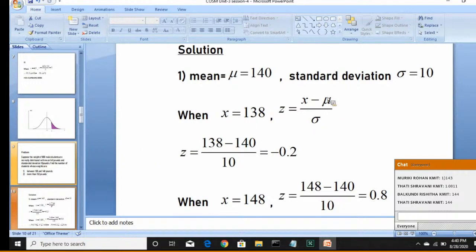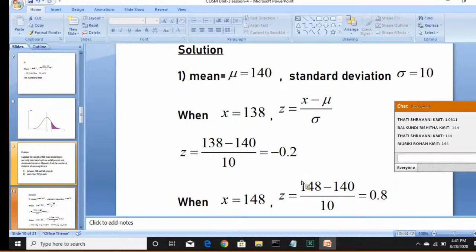So making it a standard normal variate, we are doing x minus mu by sigma: 138 minus 140 by 10, so minus 0.2 we got. Similarly 148 minus 140 by 10 you are doing. It is coming approximately how much? I think 0.8.